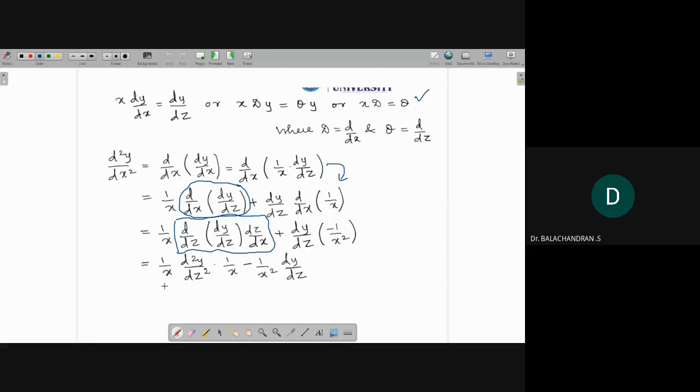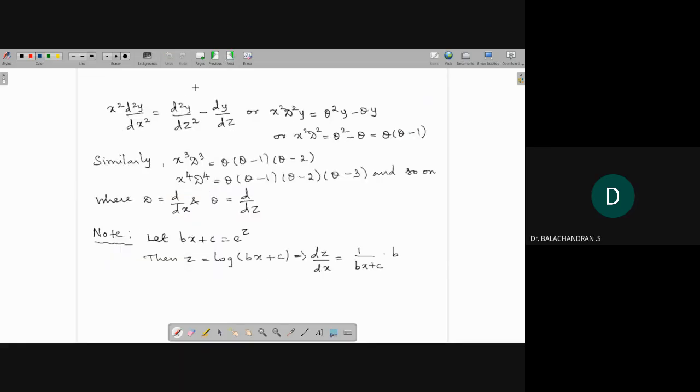Here we have 1 by x square in both terms. If you take 1 by x square common and cross multiply, we have x square into d square y by dx square equal to d square y by dz square minus dy by dz. So we have this equation.